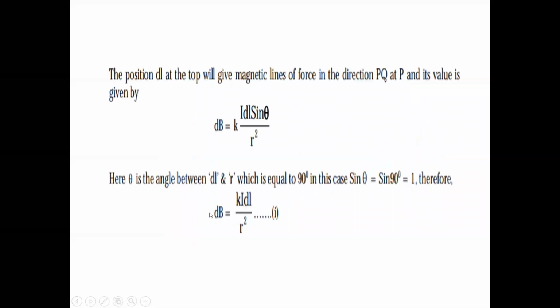Before discussing the magnetic field intensity at the point P, we have to remember Biot-Savart's law, which is very important here. The magnetic field intensity at the point P due to this circular coil is determined with the help of Biot-Savart's law, which we already discussed in the last classes.